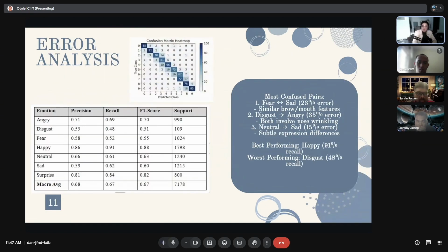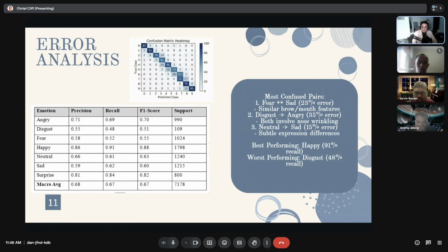Next. Now I'll move on to error analysis. From the confusion matrix, we found that the most common misclassifications were between fear and sad, disgust and angry, and neutral and sad. These errors make sense because these emotions share very similar facial features, such as brow position and mouth shape.